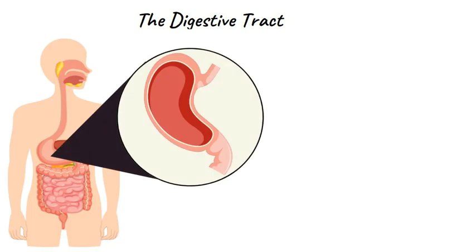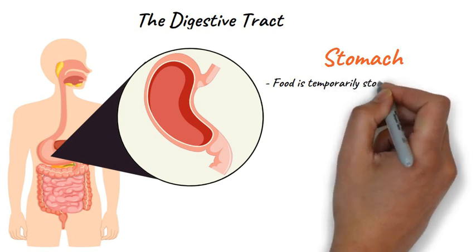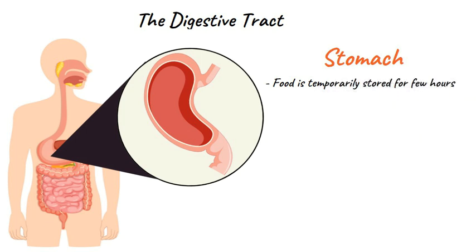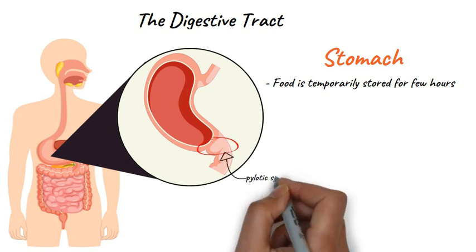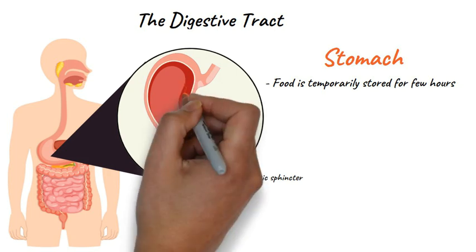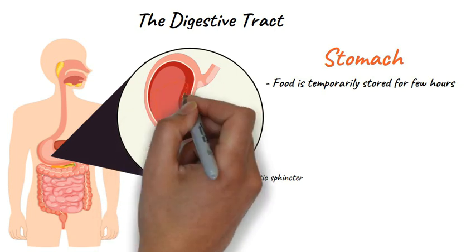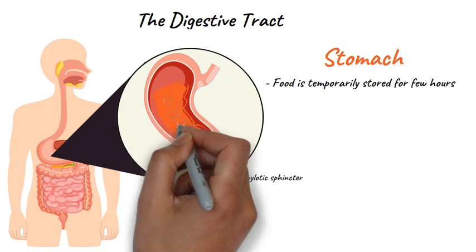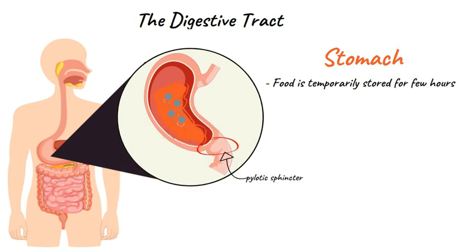So next, the stomach. In the stomach, the food is temporarily stored for few hours and it is released at regular intervals by the opening of the pyloric sphincter. In the stomach, the gastric gland secretes gastric juice which contains two enzymes, renin and pepsin.